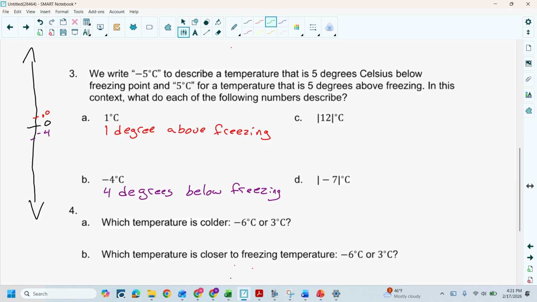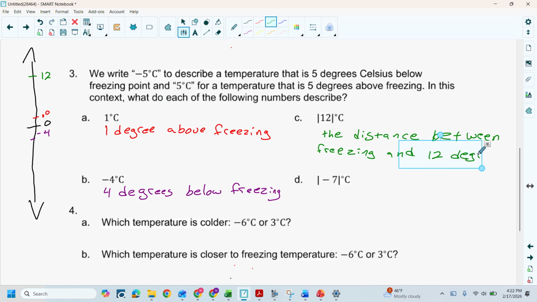Now the absolute value of +12. Well, the distance between freezing and 12 degrees, and that would be 7.